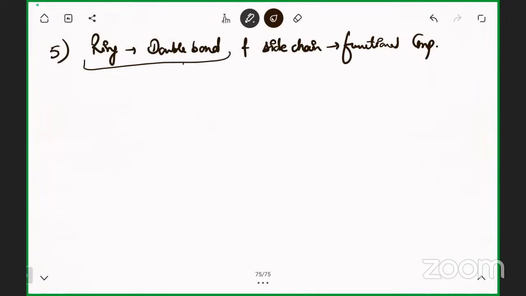Then the ring will be considered as a substituent.